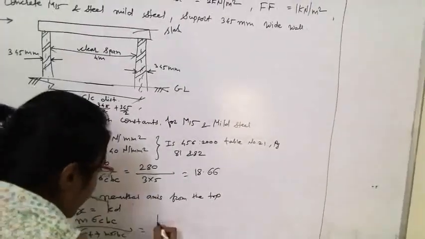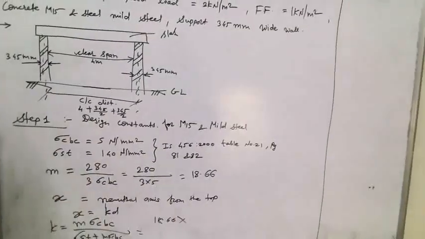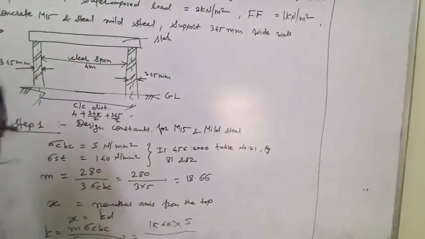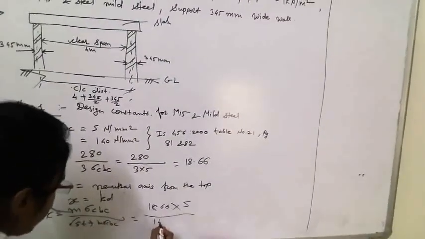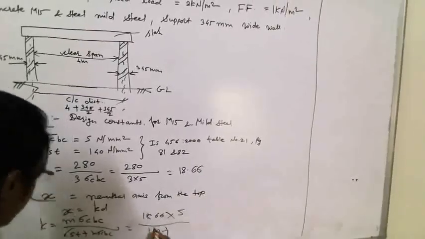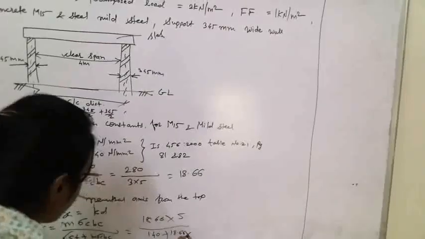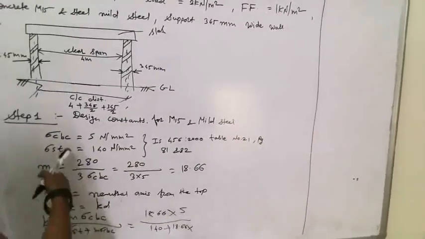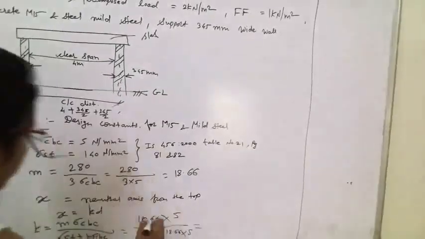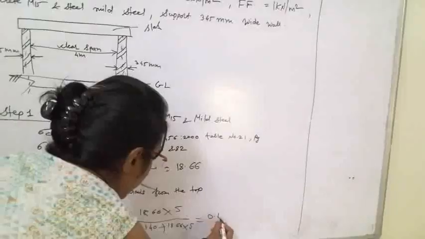We got 18.66 into the value of sigma cbc, 5 Newton per mm square, divided by sigma st value 140 plus m 18.66 into the value of sigma cbc, again 5. Solve this, we will get the value 0.4.